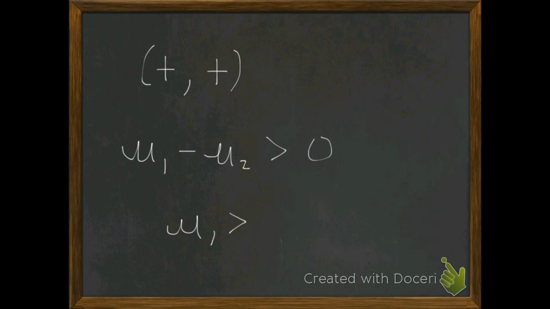A form of positive, positive tells us that the mean difference, mu1 minus mu2, is greater than 0. The difference is positive. What we can conclude here is that mu1 is greater than mu2.